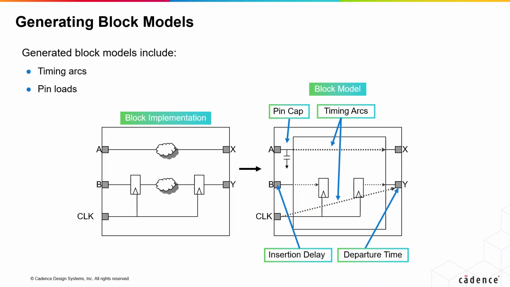As shown in the diagram, characteristics such as pin capacitance, timing arcs, clock insertion delay, and output departure time are extracted from the block implementation and abstracted into the block model. By using these models at the top level, tools can accurately analyze cross-block paths, reduce runtime, and support predictable timing convergence, while allowing blocks to be developed and optimized independently.